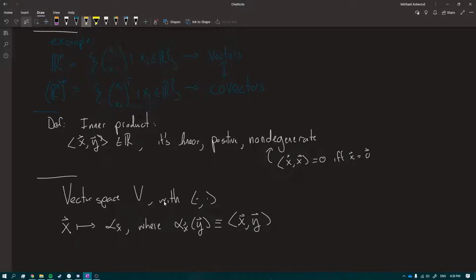So in the case of Rn, this map here, this correspondence, is always the transpose. But that is not always the case.